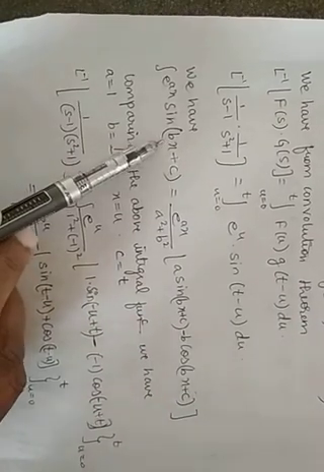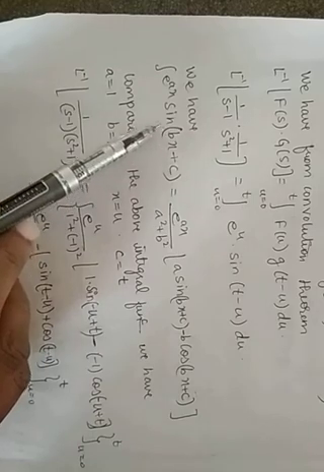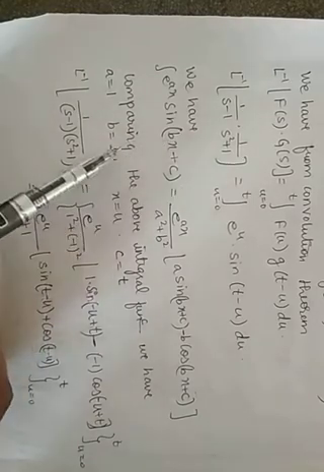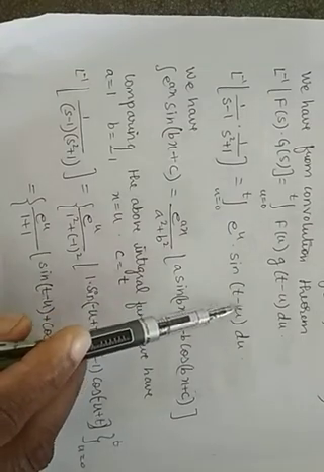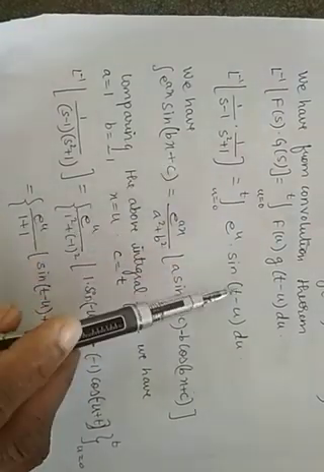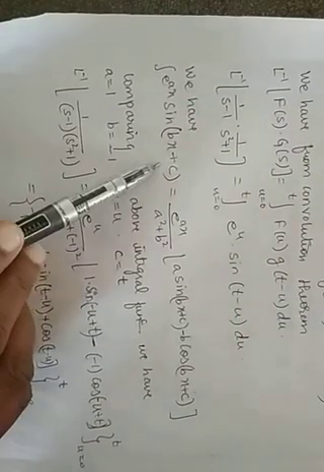Then b is the coefficient of x in the angle of sine, so b will be the coefficient of u in sine. What is the coefficient here? If you compare, it is minus 1. X is your u, and c will be your t.